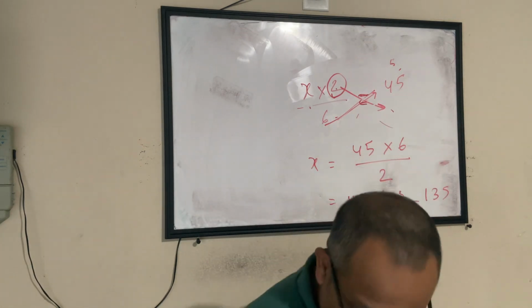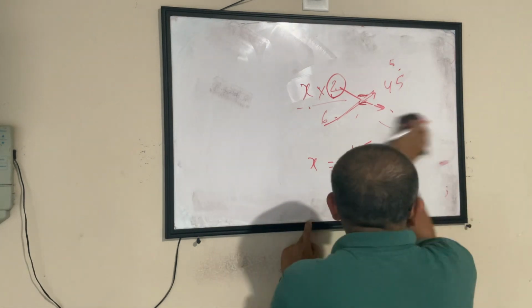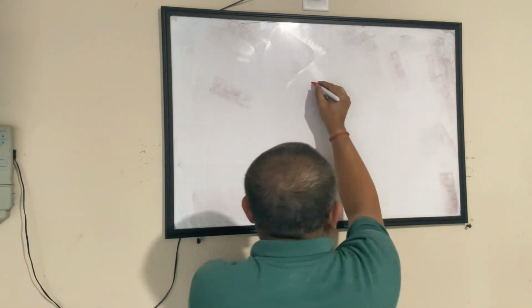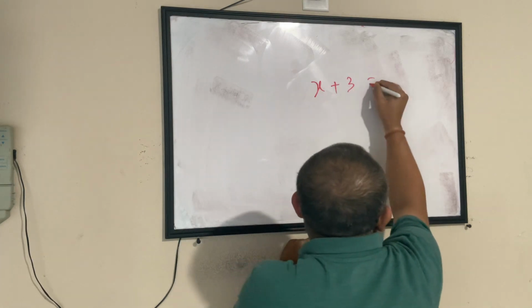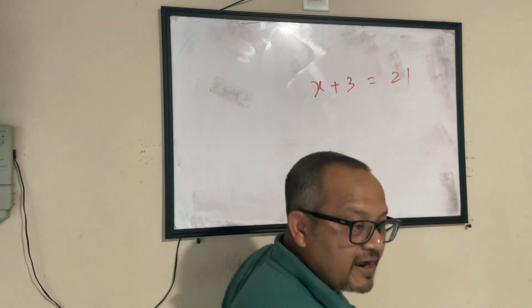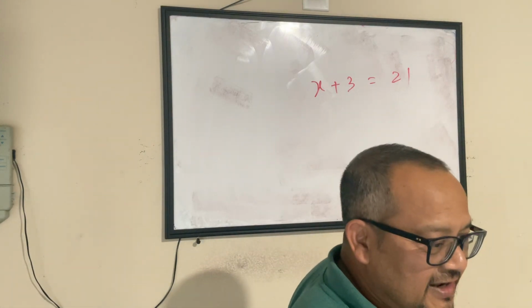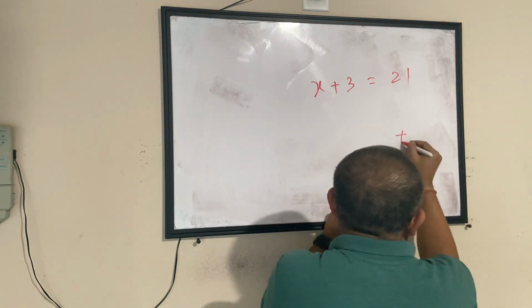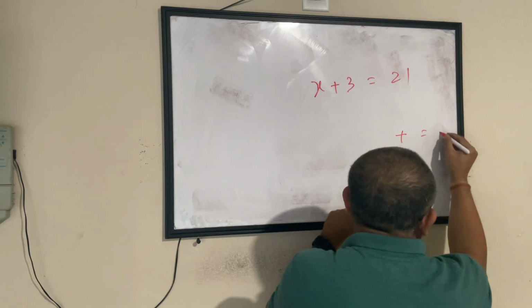One last thing I will tell you guys and then we'll break for today, and we'll continue with this fun activity tomorrow as well, okay? We'll practice a little bit more. If I say x plus 3 equals 21, find out the value of x. Now what did I tell you? If you make a plus cross the equal to sign, it becomes minus.